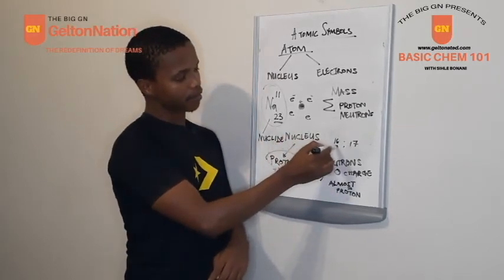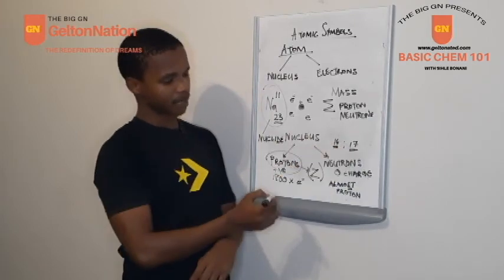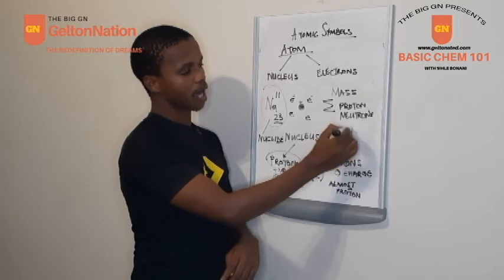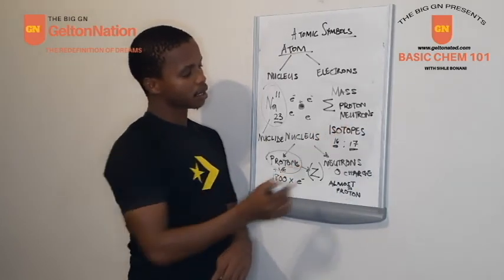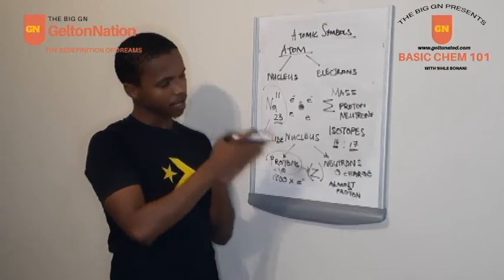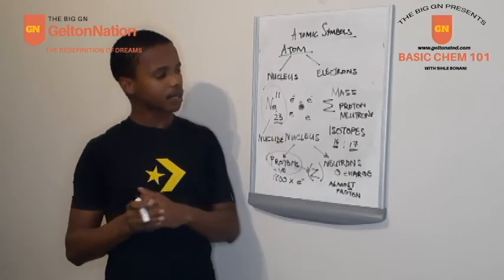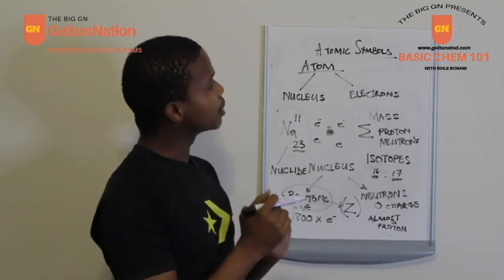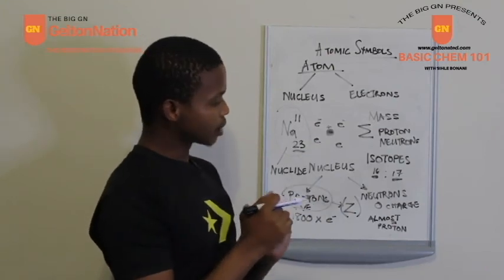But when you have different mass numbers, you come up with what is called your isotopes. Your isotopes are elements with the same atomic number but different mass numbers. So that is what you would get when you are talking about an atomic structure.